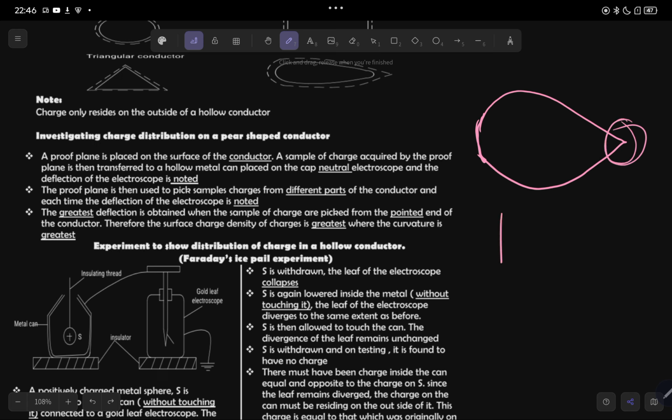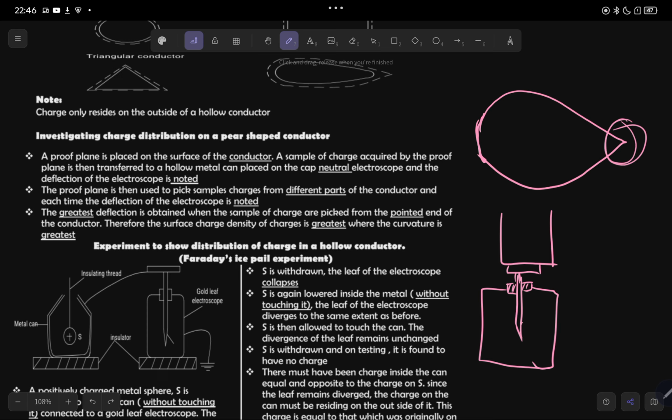What I was saying is you have a can which you have placed on the cap of a gold leaf electroscope. That is the cap, connected to the brass rod. This is an insulator, and that is the whole gold leaf electroscope.